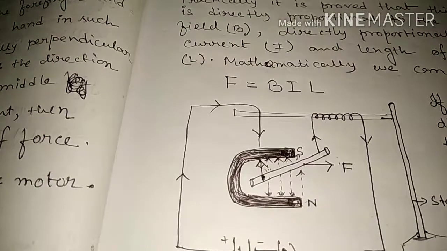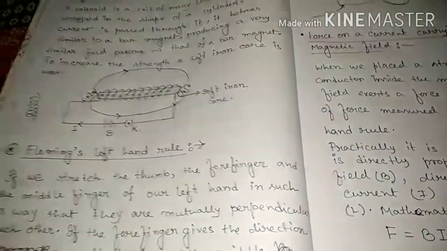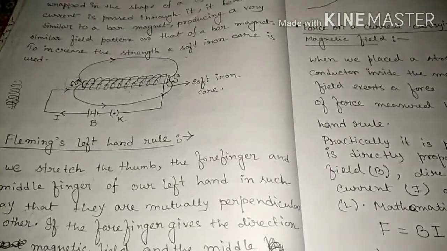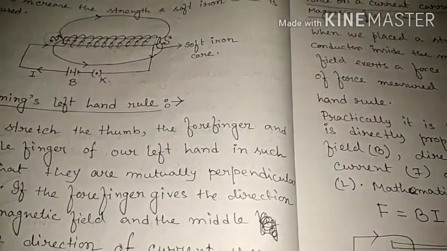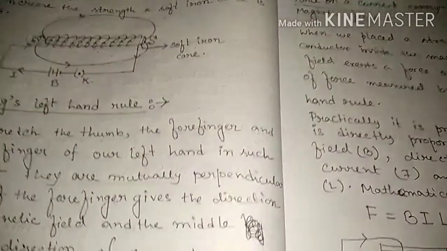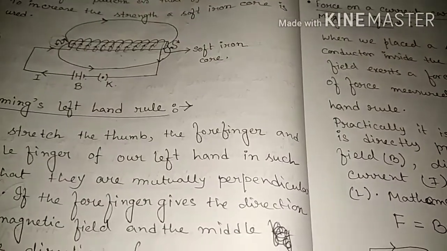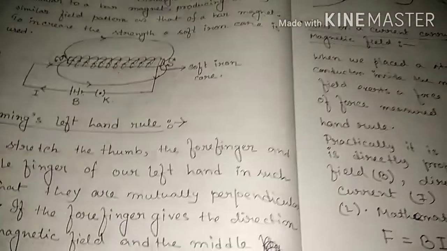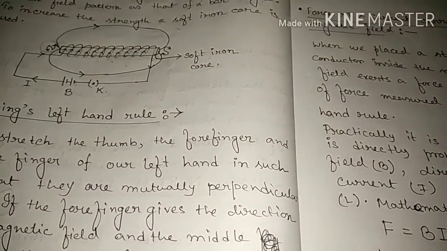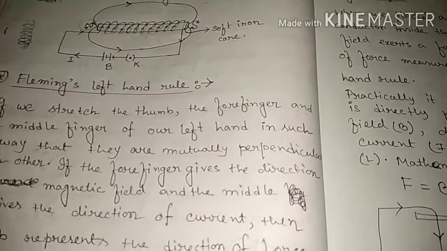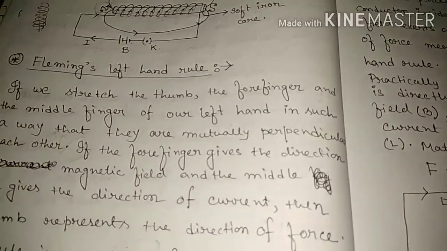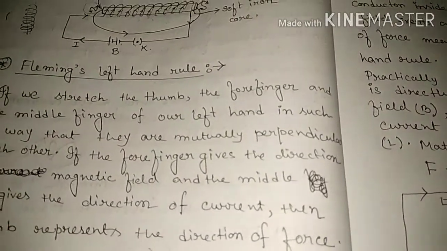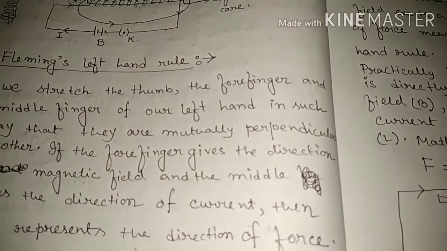Clear? So in this class we studied the magnetic field due to a solenoid, and we saw that we get the same pattern as that of a bar magnet. For a better result, we use a soft iron core inside that solenoid. After that, we studied Fleming's left hand rule, which we remember like the father, mother, child rule.